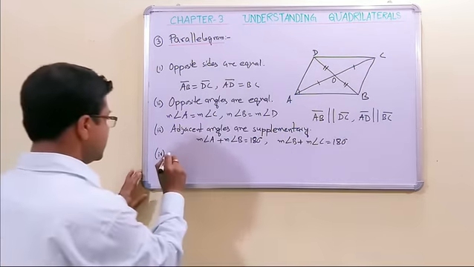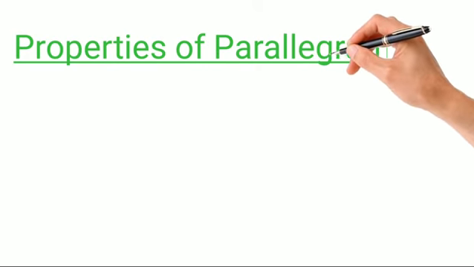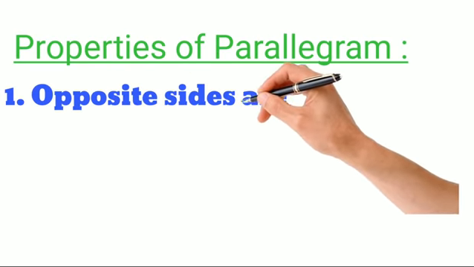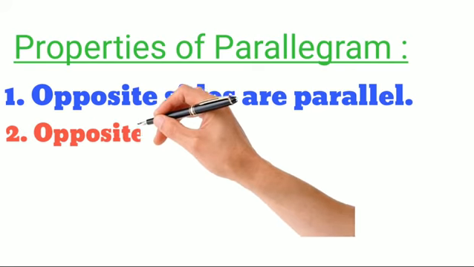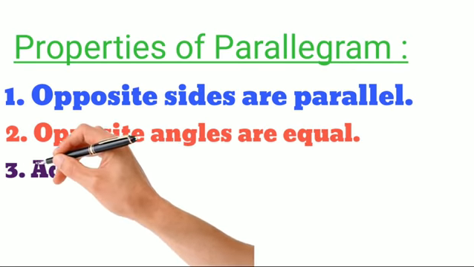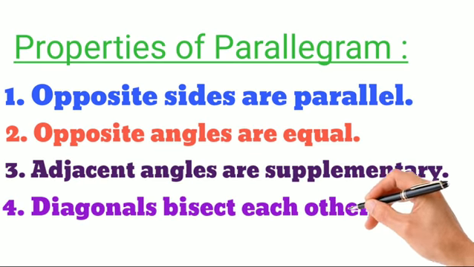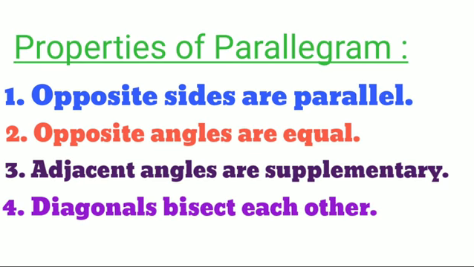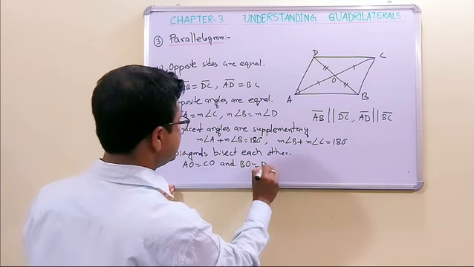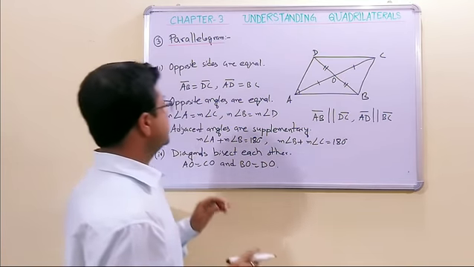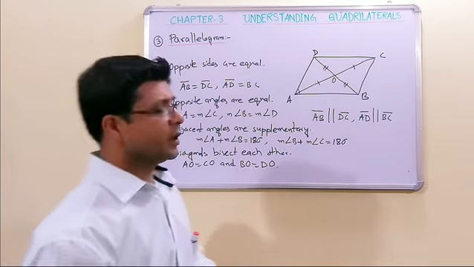So there are two diagonals, and the diagonals bisect each other. It means AO equals CO and BO equals DO. So these are the four properties of a parallelogram.